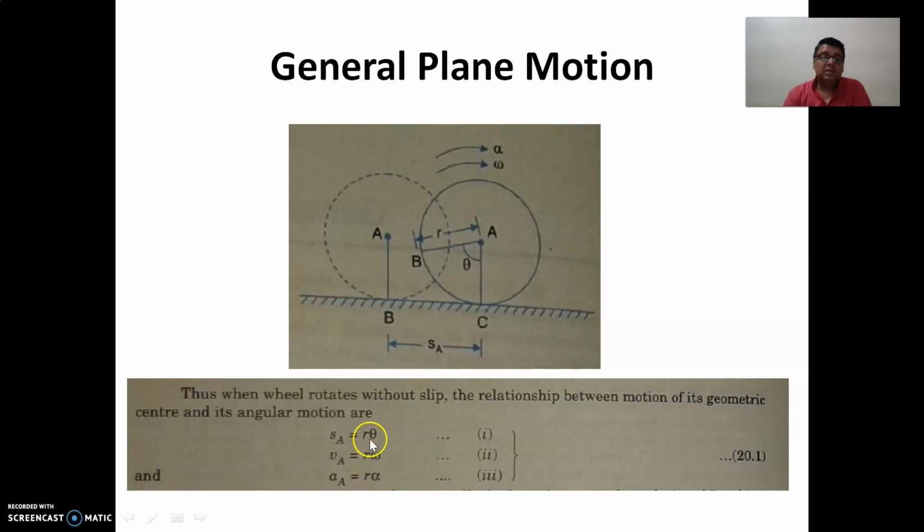Is it okay? So these are the 3 different values, and this is what was asked: when the wheel rotates without slipping, the relationship between the motion of its geometric center and its angular motion is given by these, right? Okay, thank you.